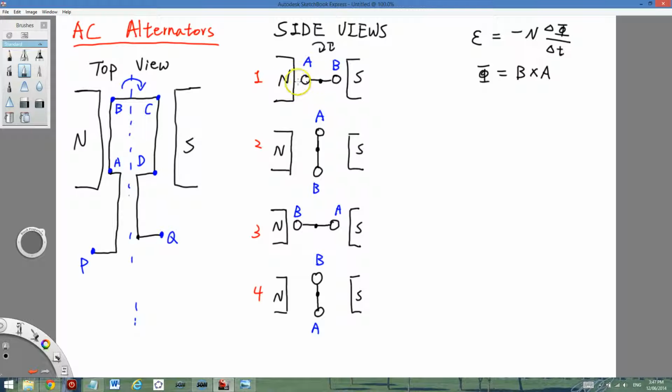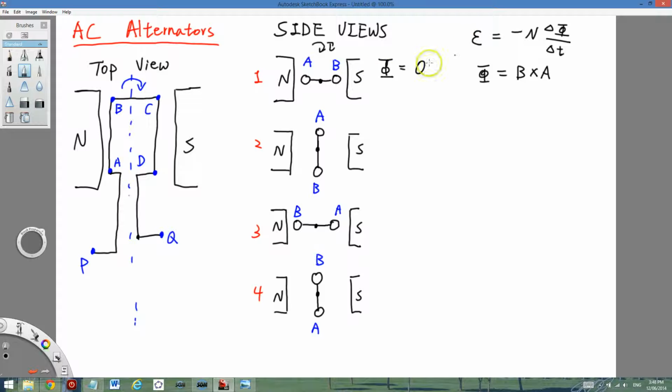When the coil is flat, what is the value of magnetic flux? Without doing any calculation, I can tell you the magnetic flux will be 0.